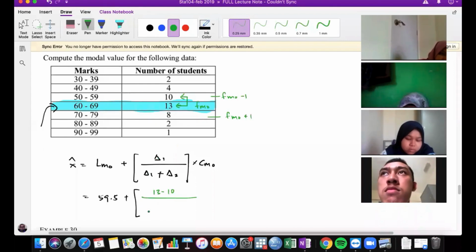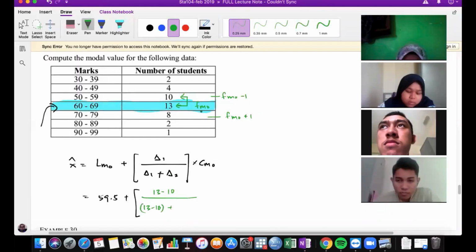So theta 1 is 13 minus 10, plus theta 2, which means the frequency of the modal class minus the frequency after the modal class, so 13 minus 8.